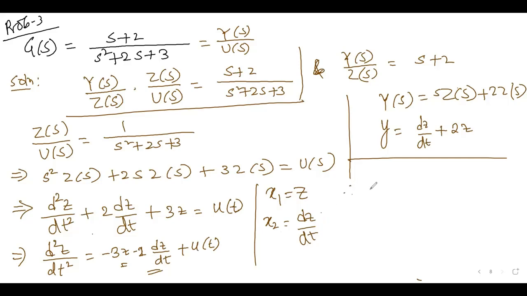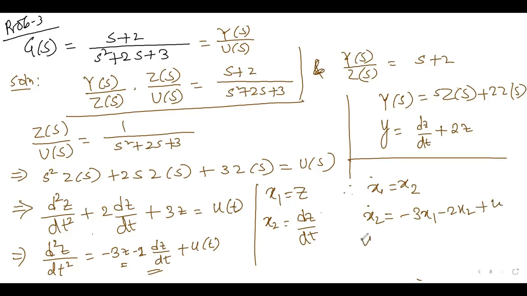So therefore, x1 dot is equal to dz/dt, that is x2. x2 dot equal to what? Quickly tell me, x2 dot equal to what? Minus 3x1 minus 2x2 plus u. Okay, very good.